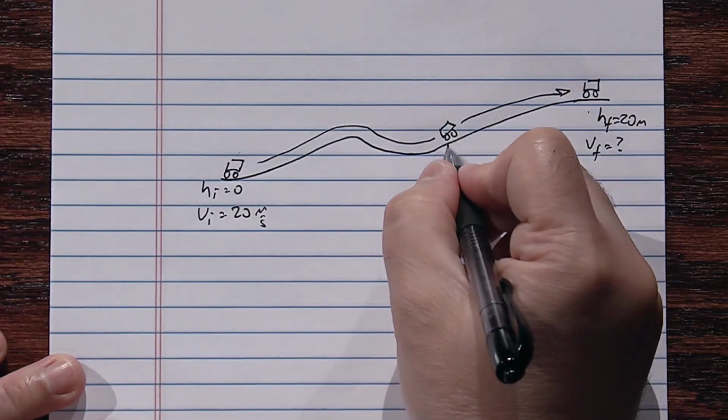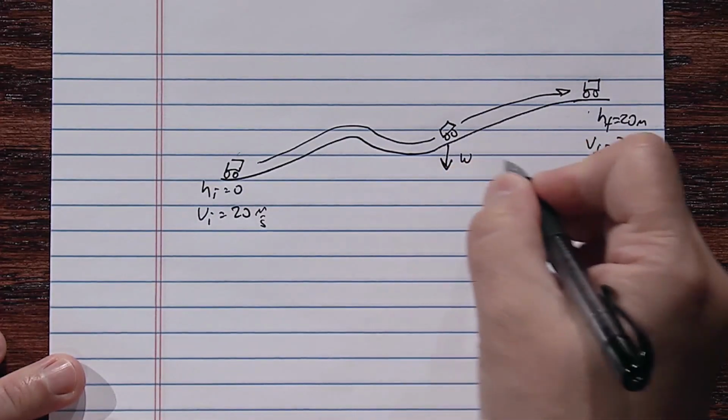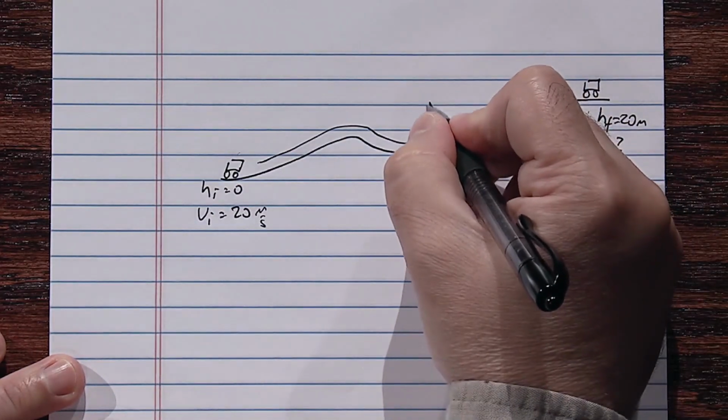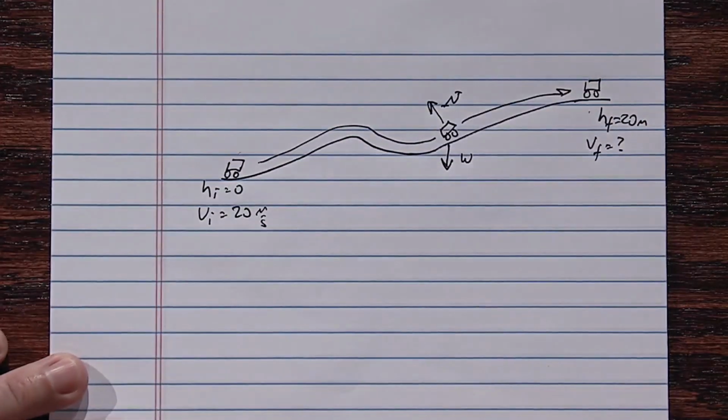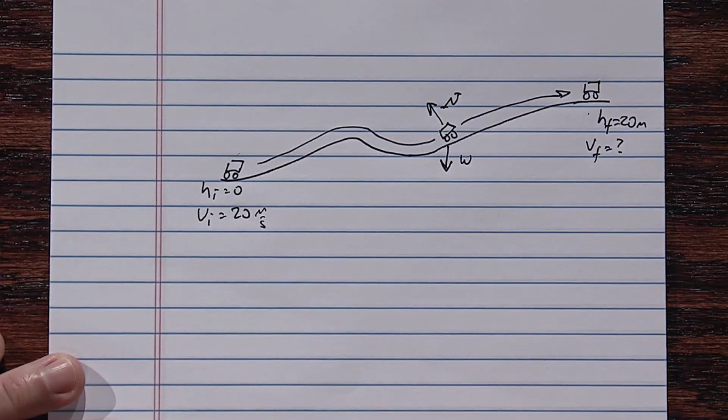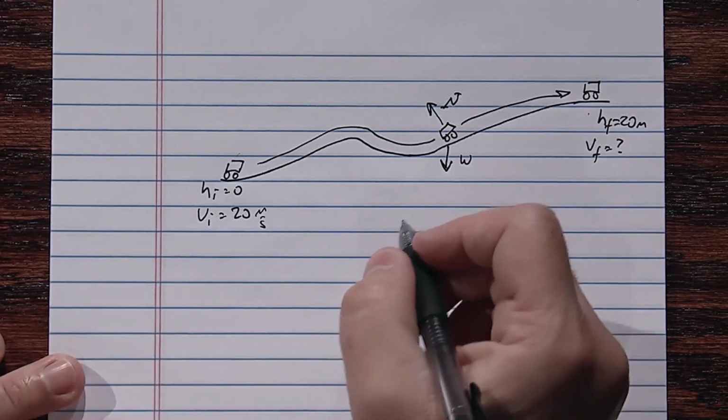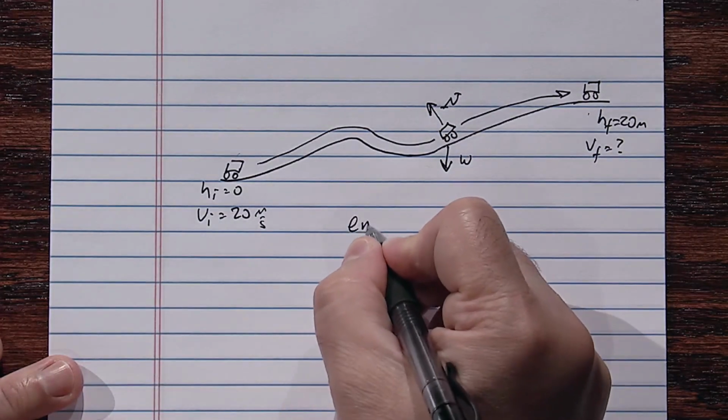And the forces on the cart are weight, which is conservative, and normal force, which is perpendicular to the surface, and we have a change in position, a change in height, which makes us think energy.